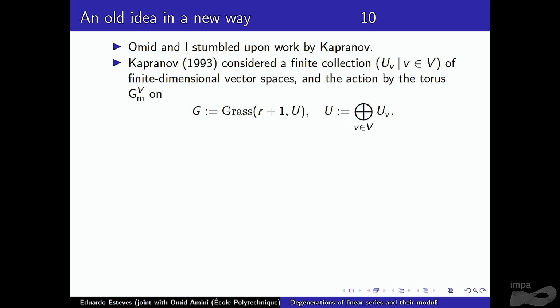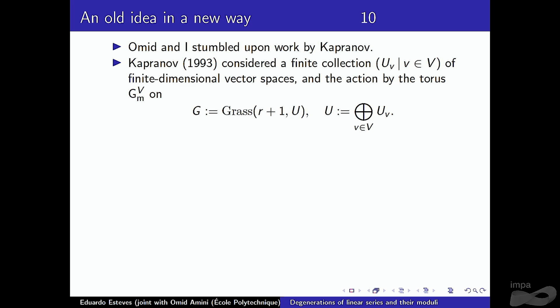So Kapranov considered a finite collection of finite dimensional vector spaces and the union and the action by the torus on the Grassmannian. So the torus actually gives you automorphisms of U, which are multiplication by constants on each summand, different constants. Right?